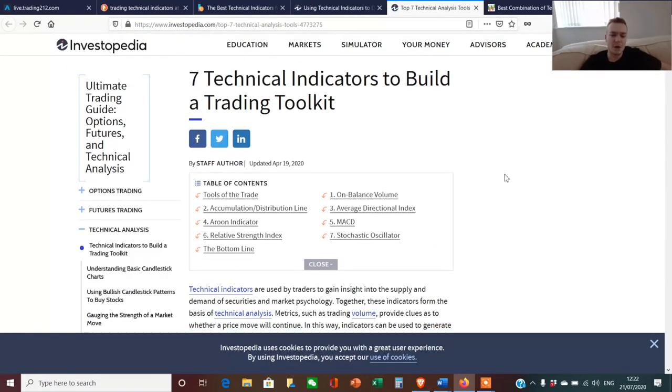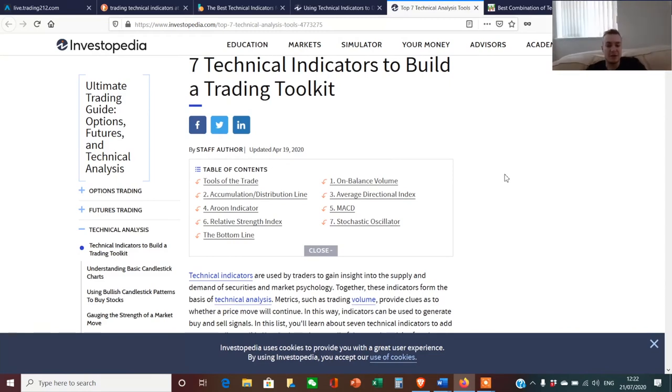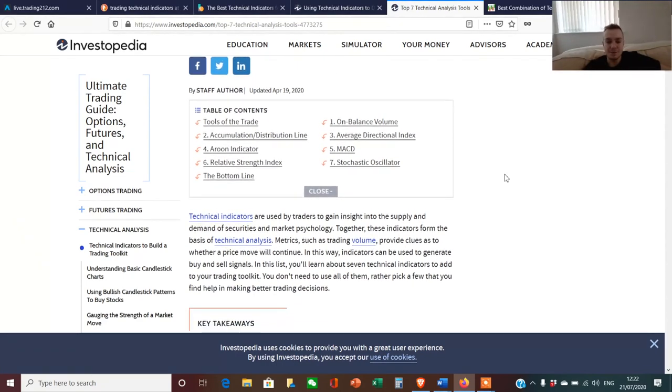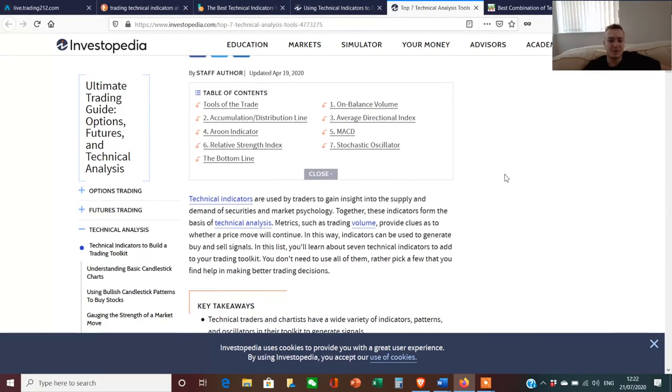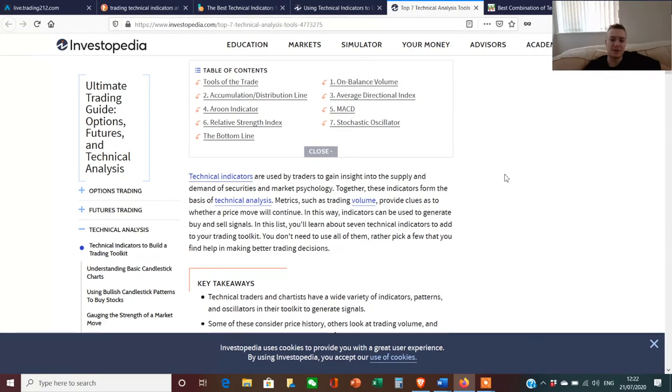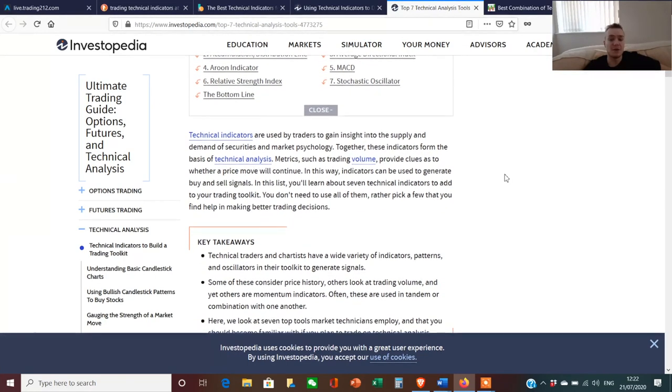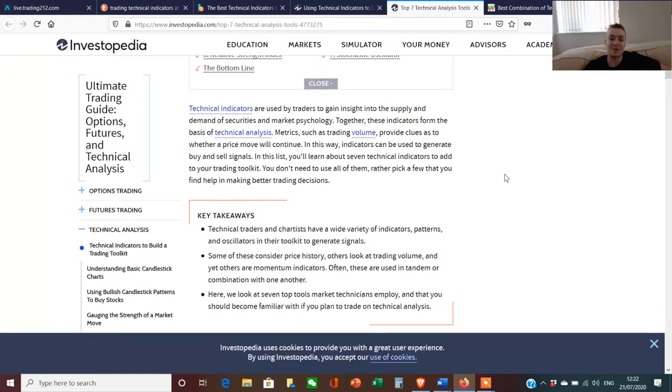This one. Okay, technical indicators are used by traders to gain insight into the supply and demand of securities and market psychology. Together, these indicators form the basis of technical analysis. Metrics such as trading volume provide clues as to whether a price move will continue.